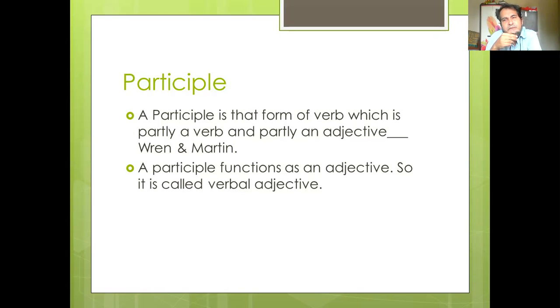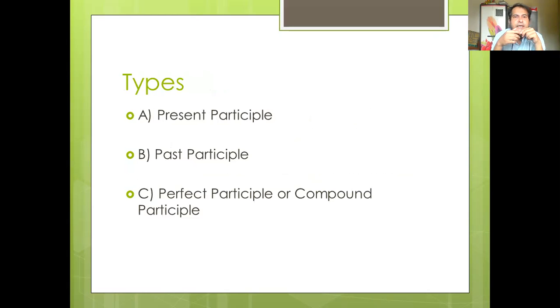Participle can work as a verb, and it can also work as an adjective. This definition is given in Wren and Martin's book. Participle is also called a verbal adjective, as it functions as an adjective. Now, there are 3 types of participles: present participle, past participle, perfect participle.